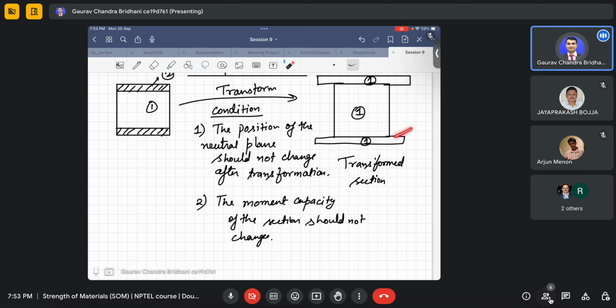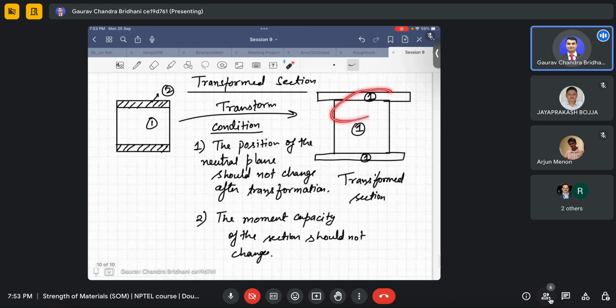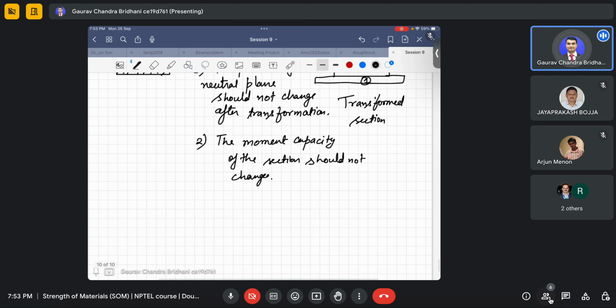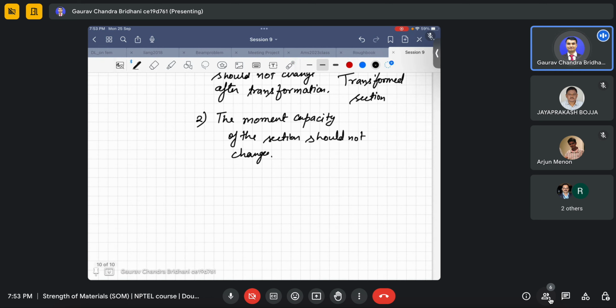These two things should not change when we transform the section from this inhomogeneous one, because there are two different materials, to this homogeneous one, where everything is the same material, though you can see some extrusions, some extra parts protruding outside. How do they come? You define a quantity called modular ratio, generally represented by m.